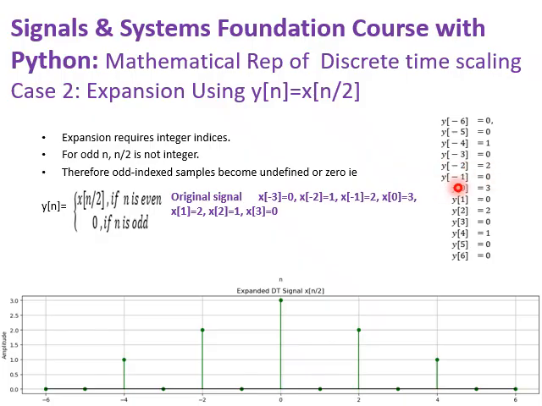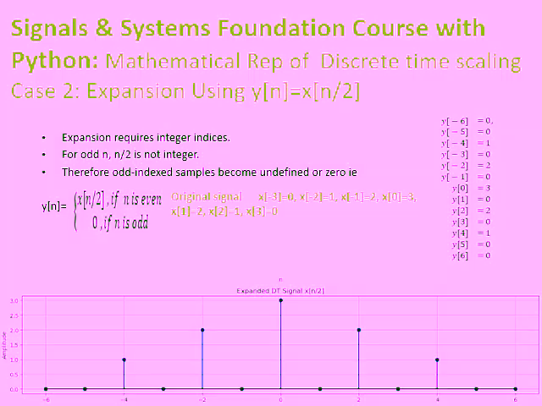Again y of minus 1: in this case n is not even, so it will be replaced by 0. Then y of 0 is x of 0 by 2, which is x of 0, and x of 0 has value of 3, so we have 3, and so on. Hopefully you can go through all these and find these values.